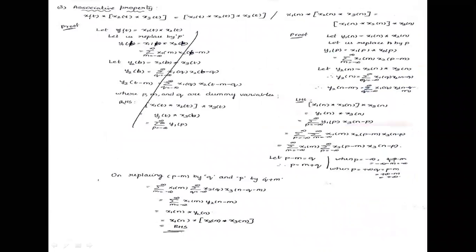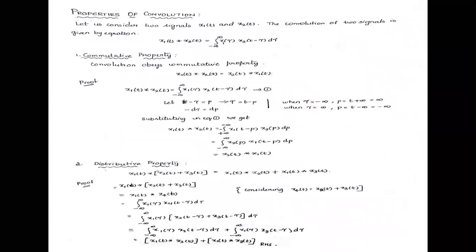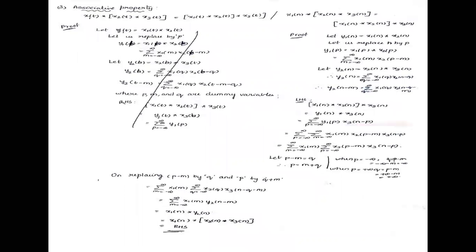Okay, totally 7 properties. First is the commutative property, second one is the distributive property, and the associative property. A little bit complicated, but you have to practice, my dear students. Two or three times you can practice, then you will get the property associative, then the shifting property, and the fifth one is convolution with impulse itself, the same signal.